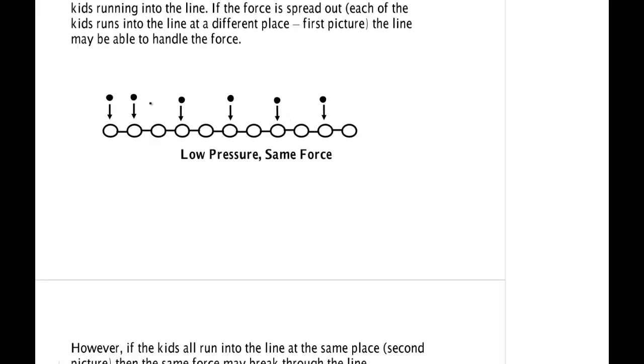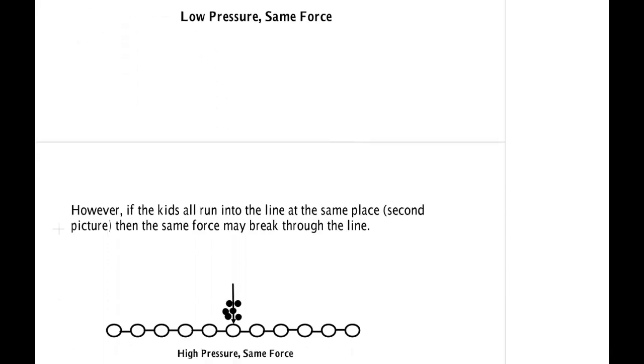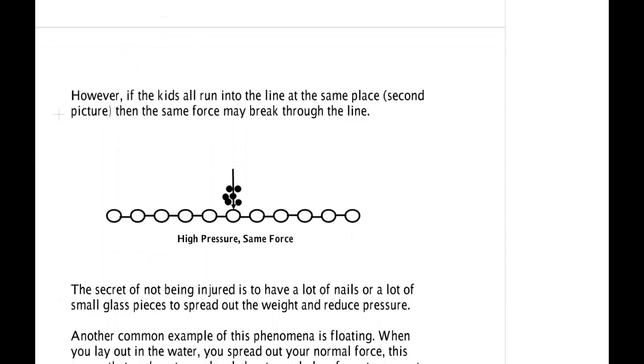If the pushing down is spread out over a large area, then it can't come in and drive any one of the atoms apart, and the skin stays connected. But if you put all of the force in a very small area, just like running a bunch of kids, not one kid at each person, but the whole mob, smacking right on one of them, you'll break through and penetrate this line.